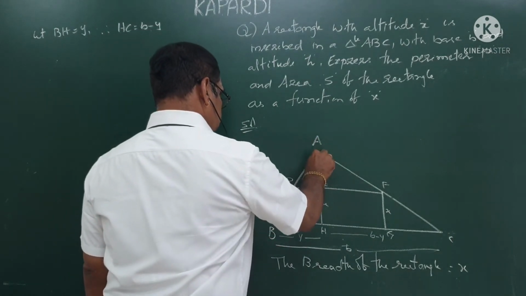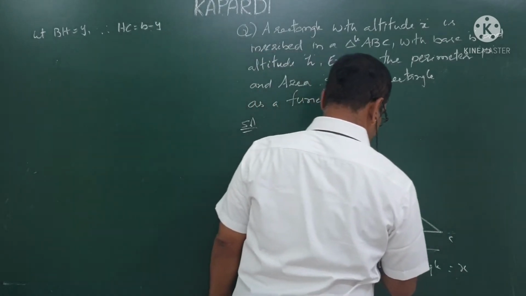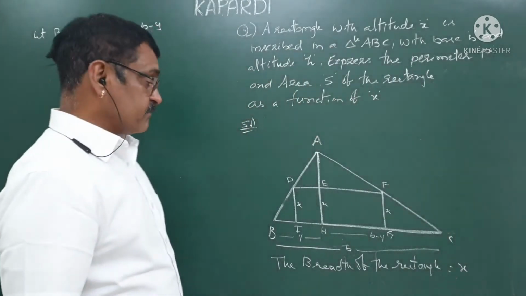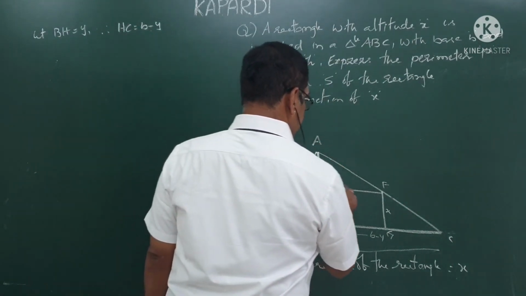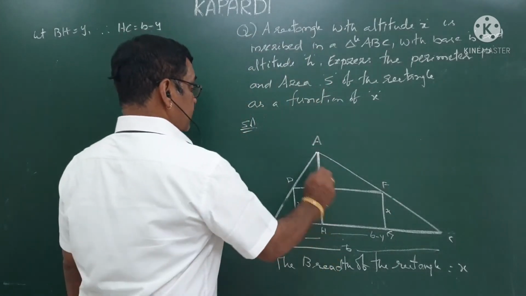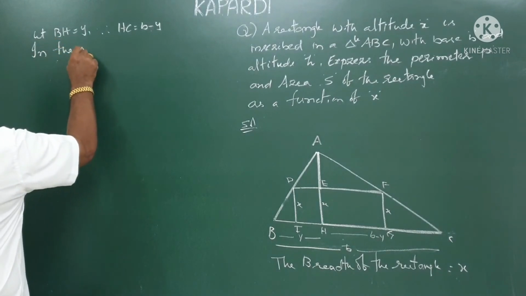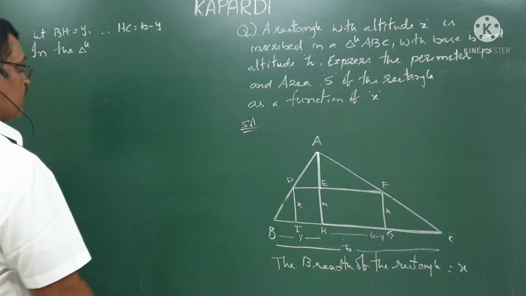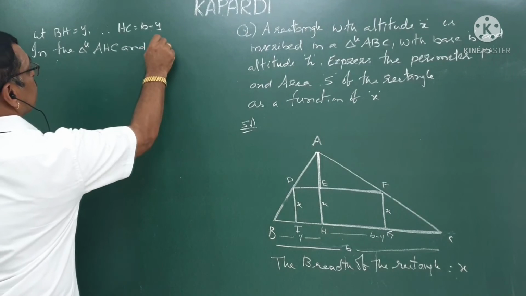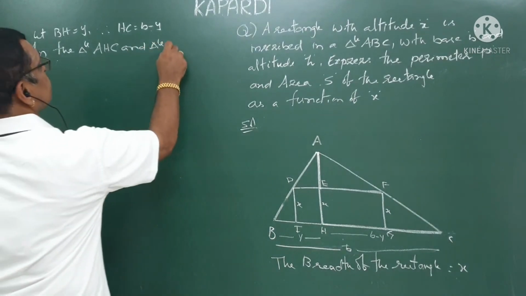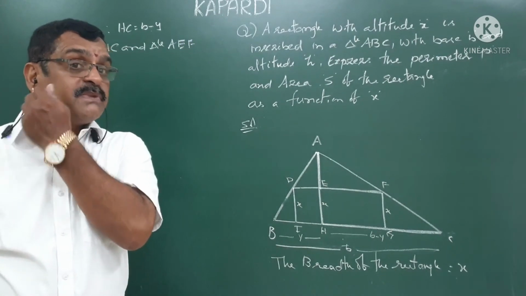Number one, look here. This is big triangle AHC. And one more, I'll go for AEF. So these two triangles, AHC and AEF, I say these two are similar triangles.